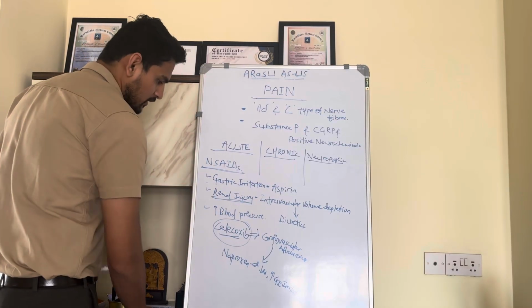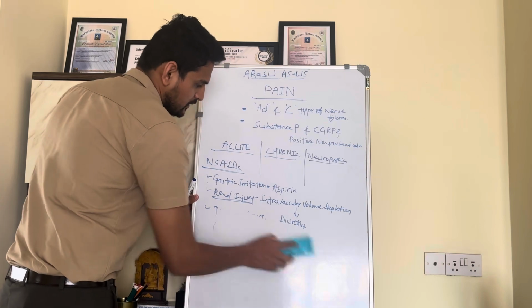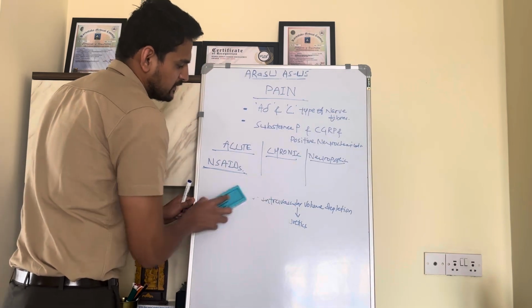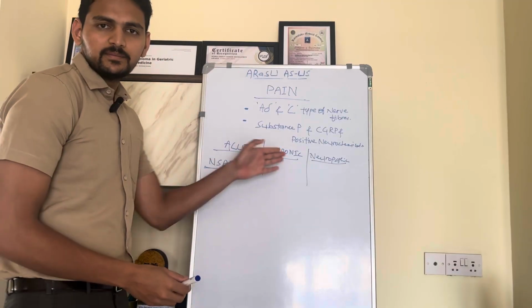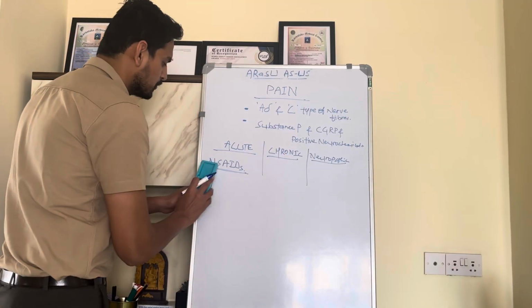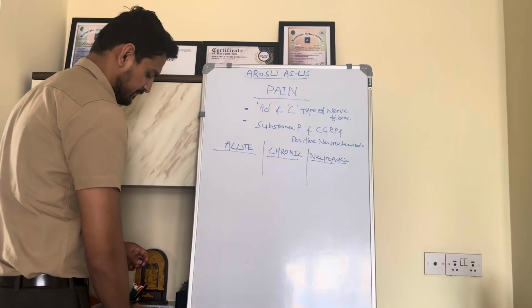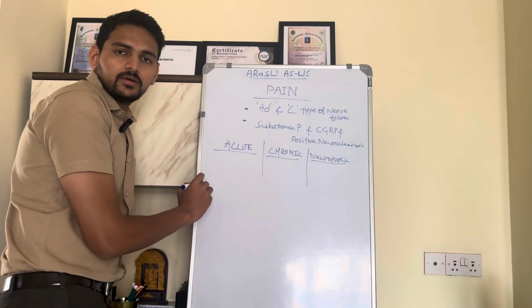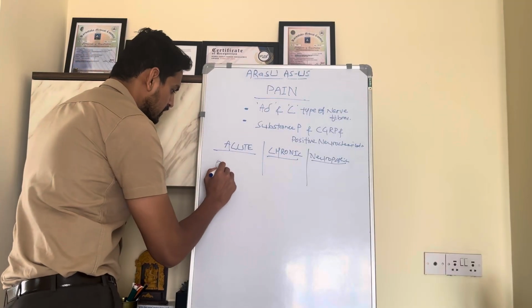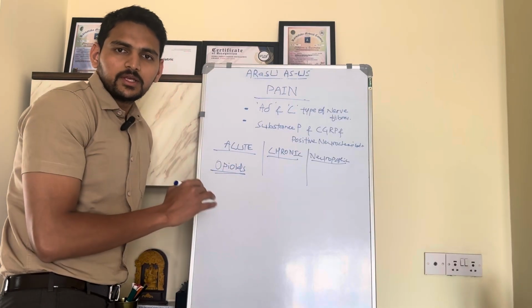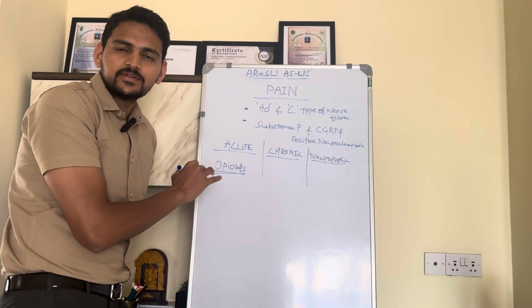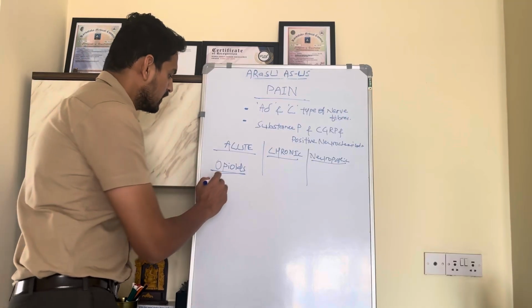Then what about opioids? When we use opioids for moderate to severe pain management, in acute as well as chronic pain, we are worried about dependency or addiction to opioids. But the thing is, the majority of physicians will not give an adequate dosage of opioids because of this inertia.